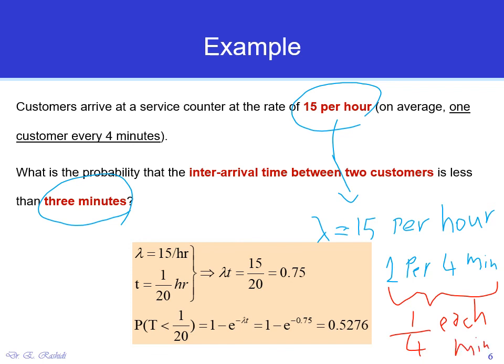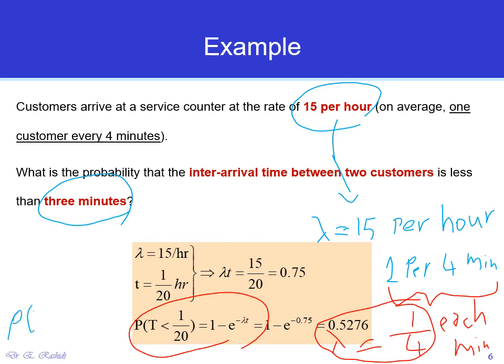So lambda actually is 1/4. This is our lambda in minutes. Now instead of the one in hour, we can go with minutes. By the way, t now follows the exponential distribution with lambda equal to 1/4 customers per 1 minute.